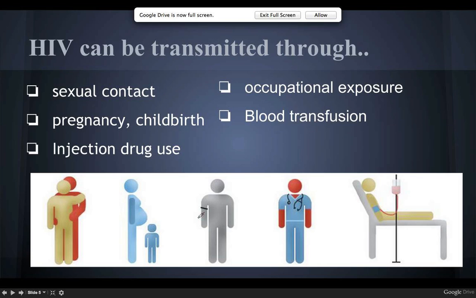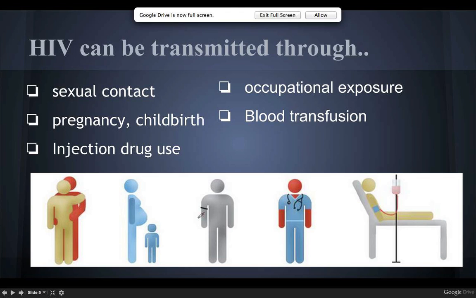So how is it transmitted? The ways of transmitting HIV are unprotected sexual intercourse with an infected person without a condom, or mother to child, also injections like drugs with needles, and any blood transfusions.